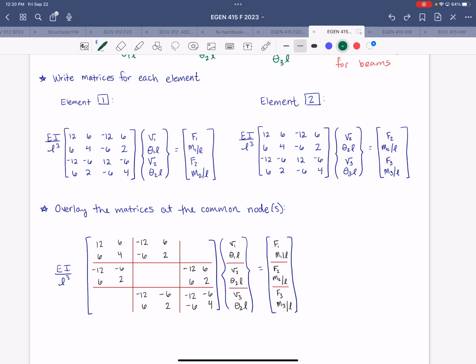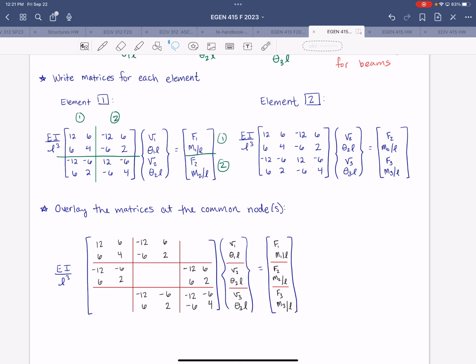All right. So again, I like to label the columns and rows according to the nodes that are associated with them at the very least. The first node is associated with the first two columns of element 1 and the first two rows of element 1. Second node is associated with the second two columns of element 1 and the second two rows of element 1.